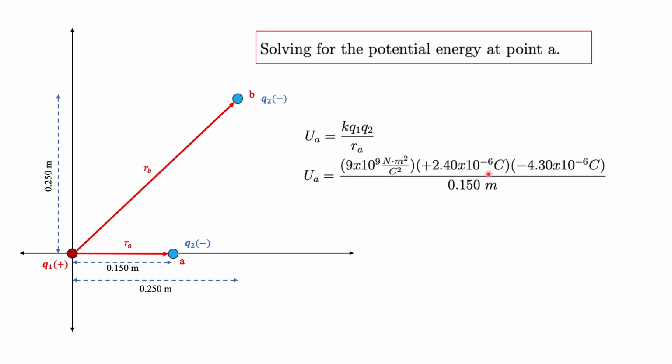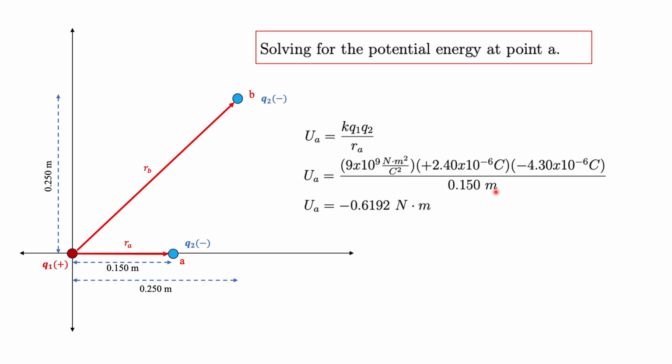Q1 is positive 2.40 times 10 to the negative 6. Your Q2 is negative 4.30 times 10 to the negative 6. And I would like to emphasize that this R sub A is not any arbitrary distance R, but the separation distance between the two charges. Q1 is at the origin and at point A, where Q2 is initially situated, they are 0.150 meters apart. That is why your R sub A is 0.150 meters.